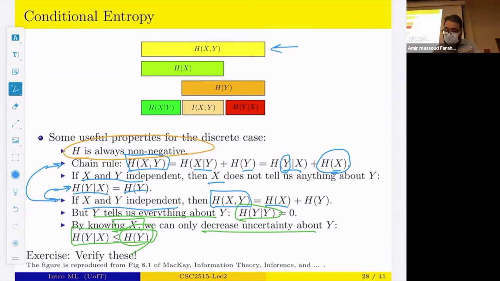Then we have the concept of entropy of x and entropy of y. So in some sense, this is showing a smaller region compared to all of it, indicating that there's less information in just that part of it. It is not exactly a subset relationship, but I'm just showing it this way.